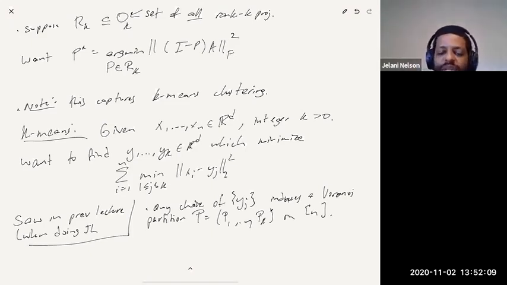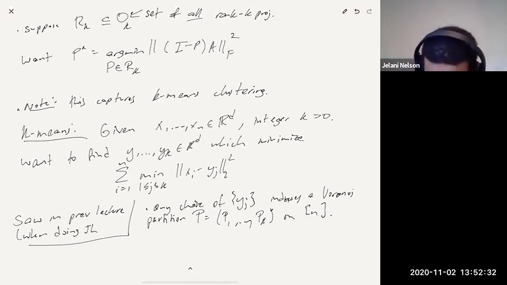So what is a Voronoi partition? That's just a fancy way of saying we're going to partition the points based on which center they're closest to. So P1 is the set of all the i's such that xi is closest to y1. P2 is the set of all points that are closest to y2. P3 is the set of all points that are closest to y3, etc.